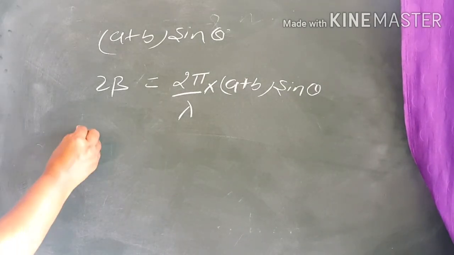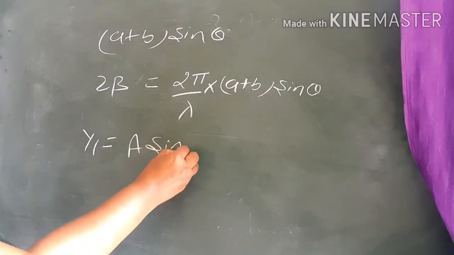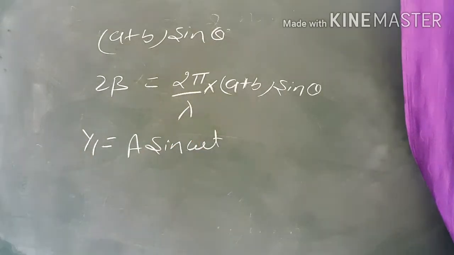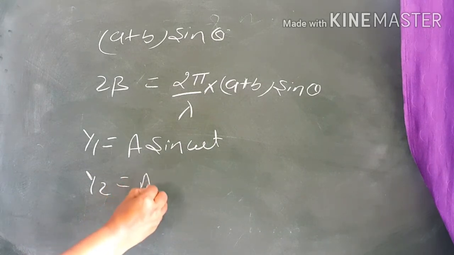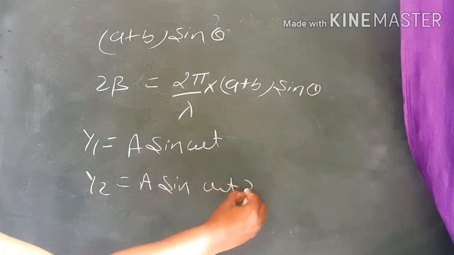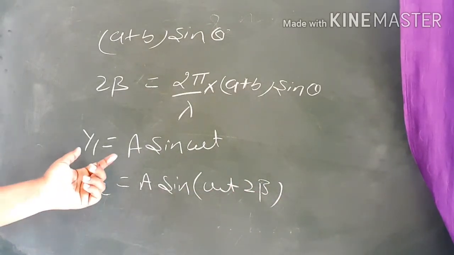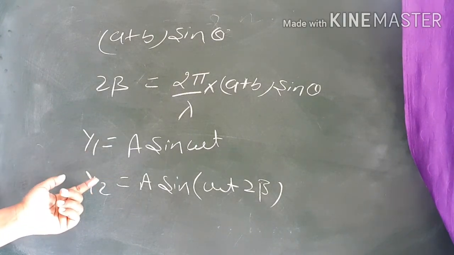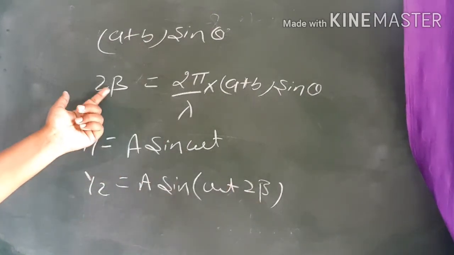So y1 is equal to A sine omega t, where A is the amplitude, and y2 is equal to A sine omega t plus 2 beta. We are talking about the waves reaching point Q, and at point Q the phase difference between y1 and y2 is 2 beta.